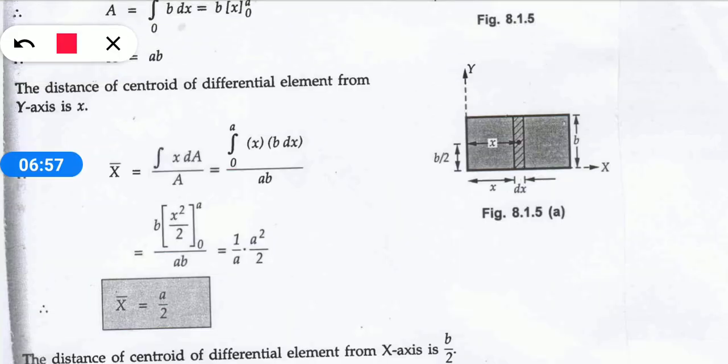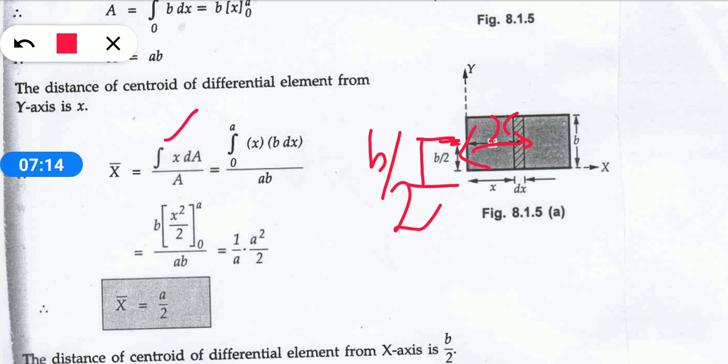I am considering a centroid here, so the distance I am taking as x, and the distance from the x-axis is b by 2. So considering this, your element distance will be x, and dA we already have as b into dx, and a is equal to a into b. The limit will be 0 to a. So when you do that, you will get the x bar value as a divided by 2.